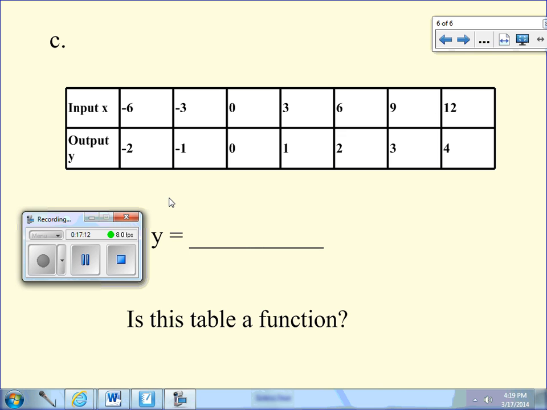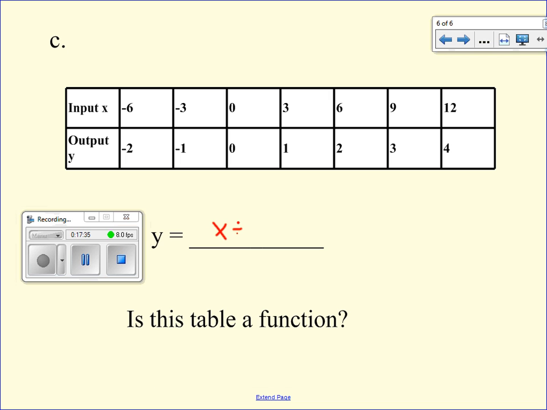So I'm going to start with my positive numbers. 3 minus 2 is 1. Okay, let's see if 6 minus 2 is 2. No. 3 divided by 3 is 1. 6 divided by 3 is 2. 9 divided by 3 is 3. So the rule is x divided by 3.